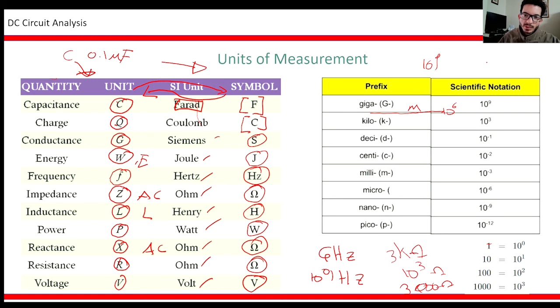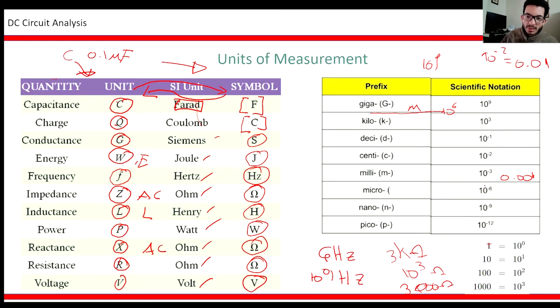10 to the negative 2 equals 0.01. 10 to the negative 3 is 0.001. And you keep getting smaller when you have a smaller number on top.